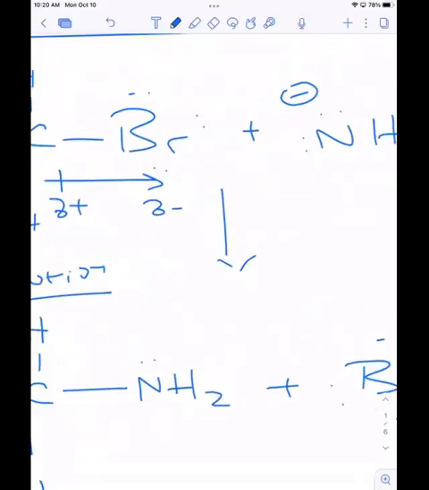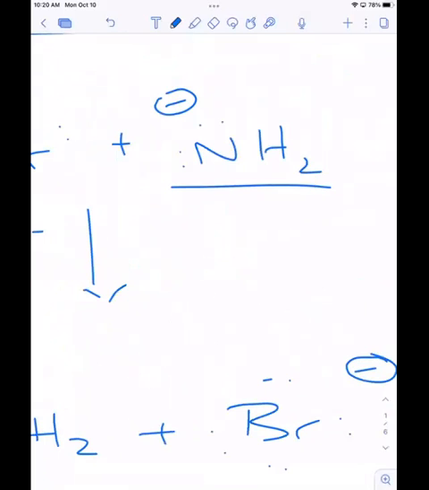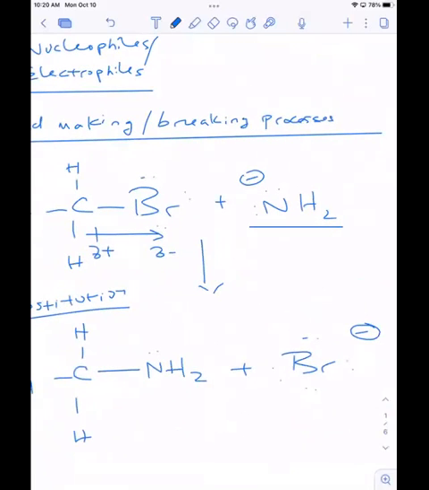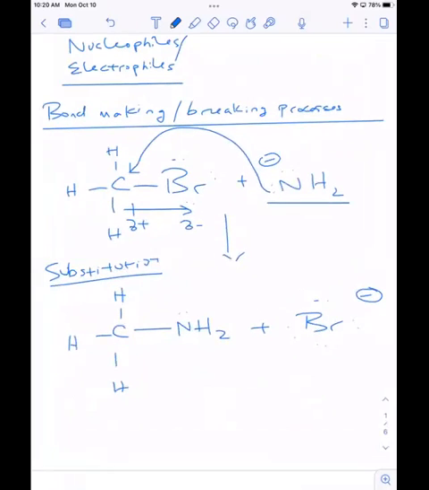Right, so the nitrogen, in this case, is going to donate a pair of electrons to carbon. Right. Notice the arrow. It's a double-headed arrow. That's on purpose.